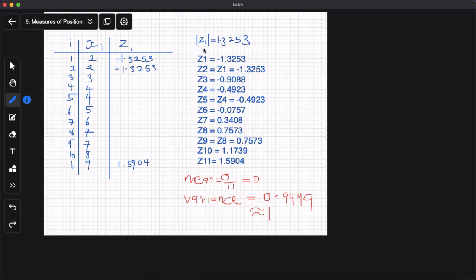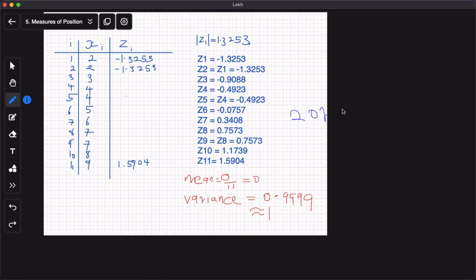Okay, so let's go back. The absolute value of the first one, Z1, will be 1.3253. So when you take the absolute value of everything, all the negative ones will become positive. The positive ones will remain positive still. Looking at this, when they all become positive, we don't have any observation that is more than 2 or 3.